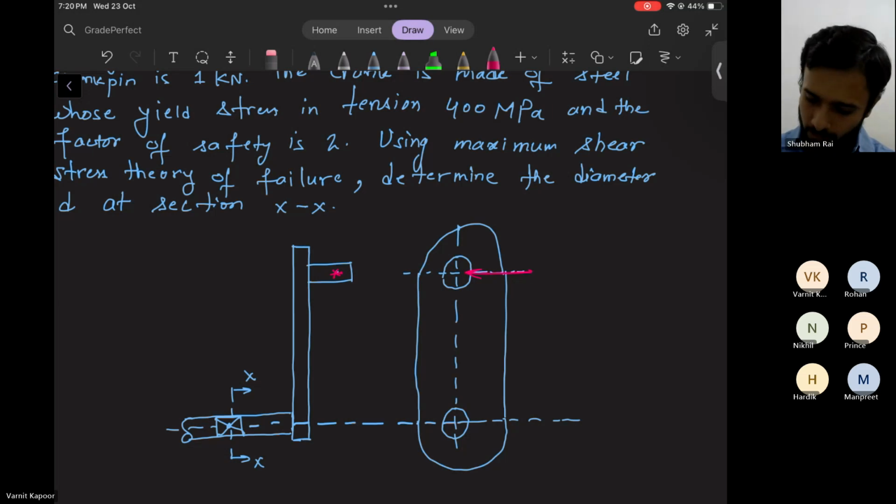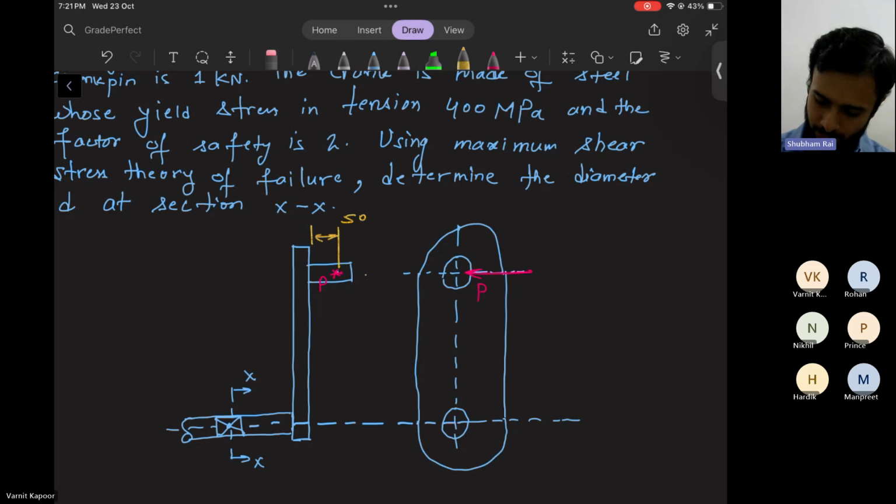Now let me draw the distances. From here to here you have a distance of 50. So this distance is 50. Let's say this is point P, and this is also point P. And this distance here is 500.